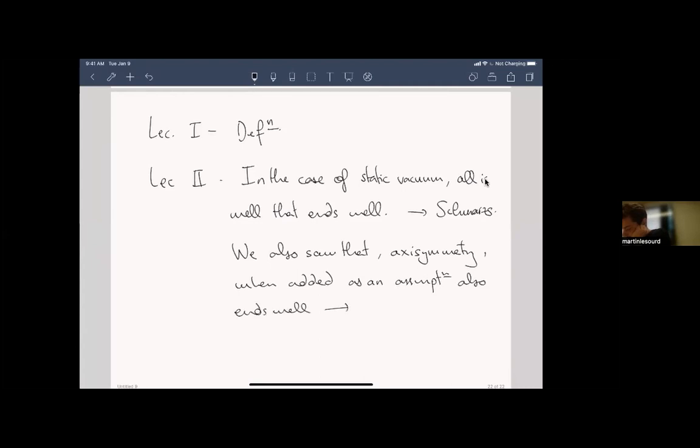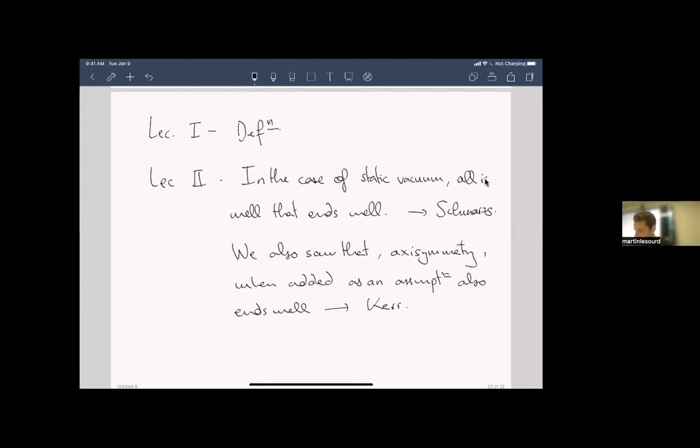In particular, in that case, we get Kerr. So this is to say that under the relevant definitions, in the category of smooth metrics, if we add axisymmetry as an assumption, then we actually get the classification theorem in Kerr.